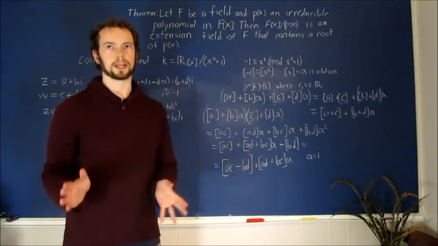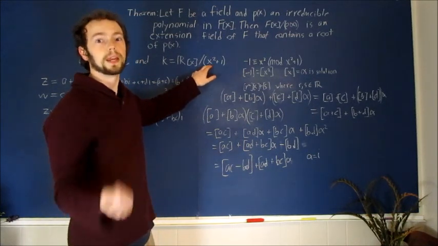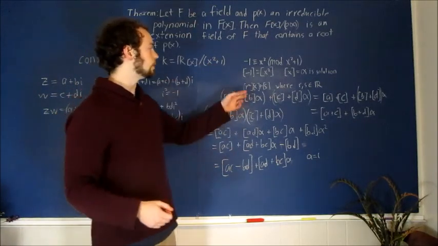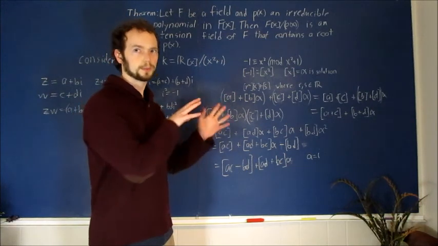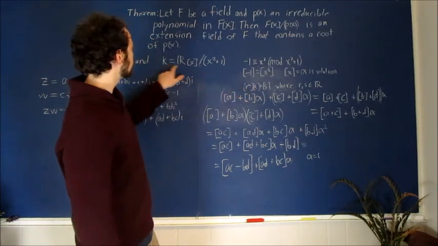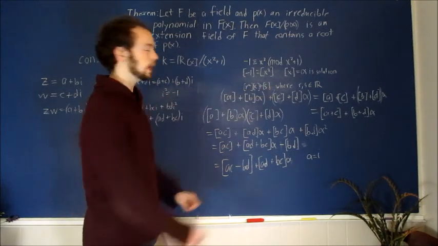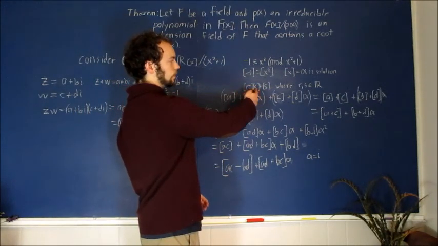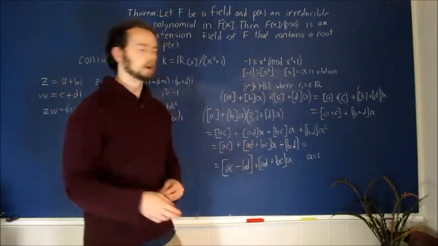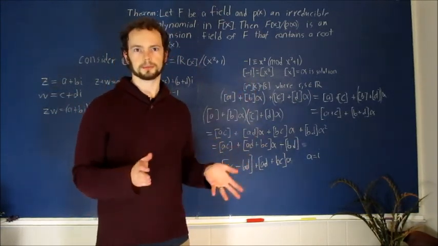By the division algorithm, those remainders must all have degree less than this one, which means they're either degree 1, degree 0, or equal to 0. So every element in this set can be written as the congruence class of r times the congruence class of x plus the congruence class of s, where r and s are just some real numbers. They could both be 0, or either one of them could be 0.